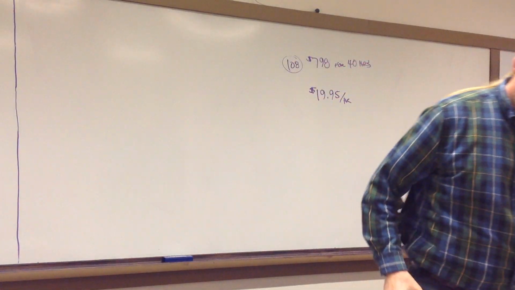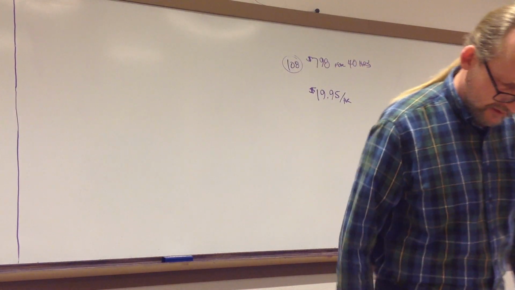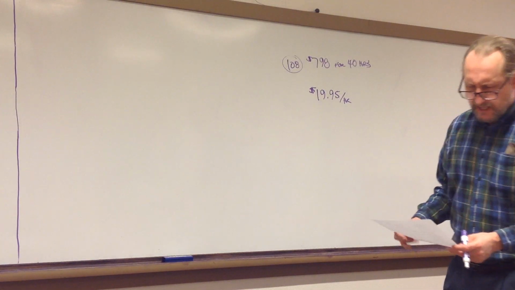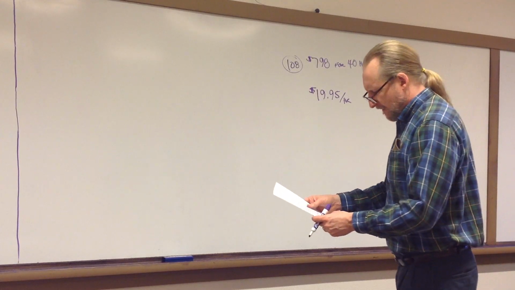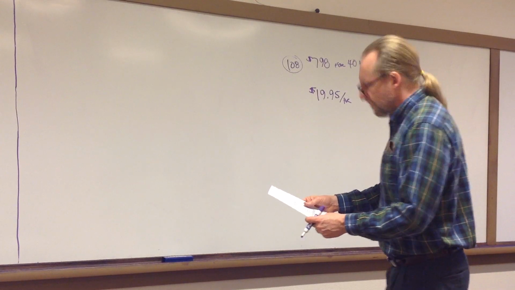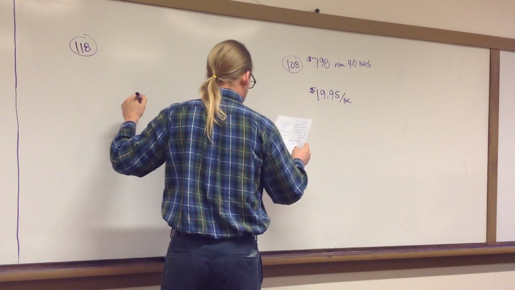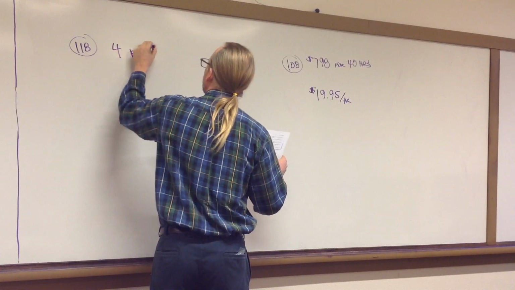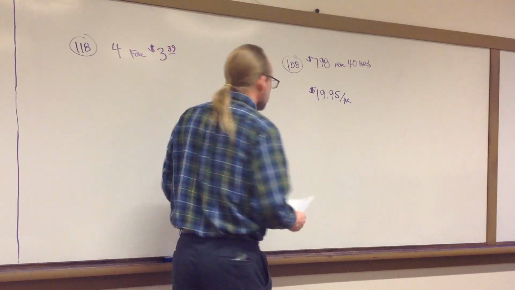Okay, let's see here. What else? Oh, and then on the next page, on page 84, we've got some unit cost problems. Problem 118. Soap, they're selling 4 bars for $3.39.